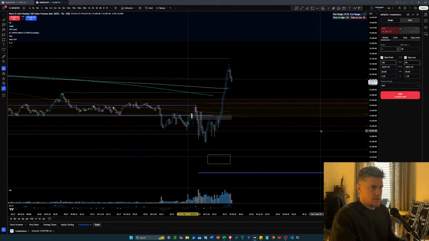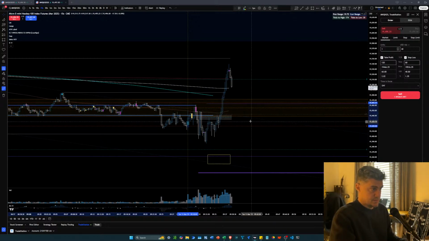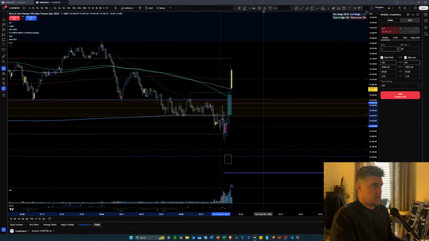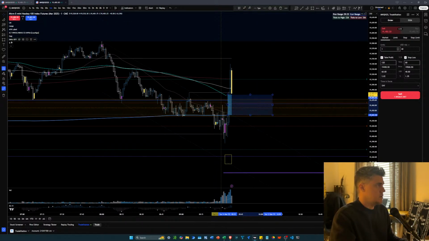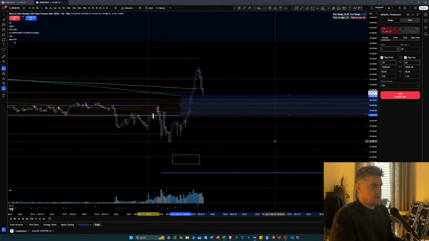Updated 50% is right at the opening range gap. And we should have our initial imbalance on the 1 minute. We sure do. It is here. Turn that off. Back to the 15-second chart.